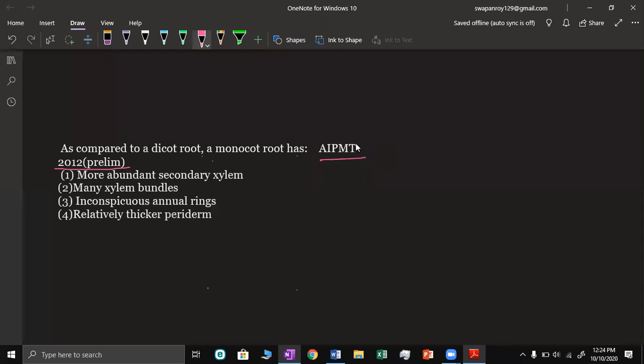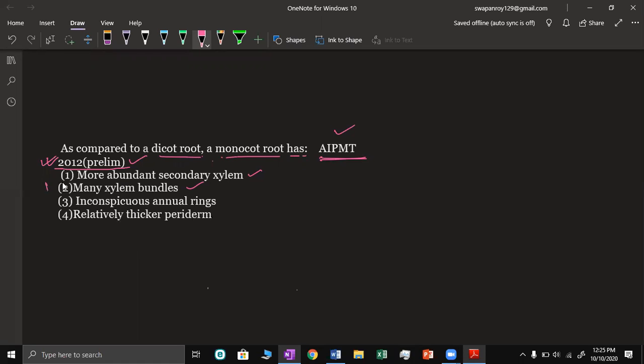So here so many questions from anatomy in the same year, 2012 prelim. As compared to a dicot root, a monocot root has more abundant secondary xylem, many xylem bundles, inconspicuous annual rings, or relatively thicker periderm?